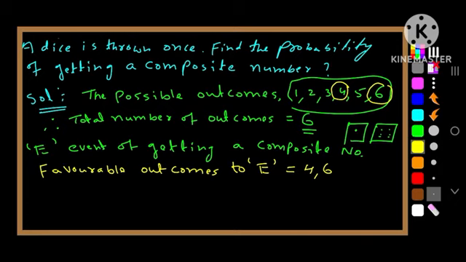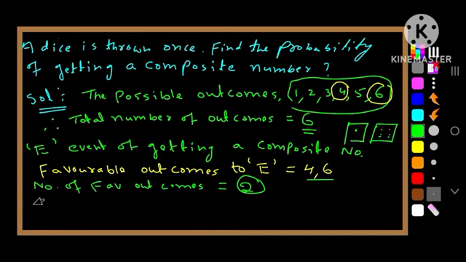Next we can write the number of favorable outcomes. What is the number of favorable outcomes? 2, that is 4 and 6.